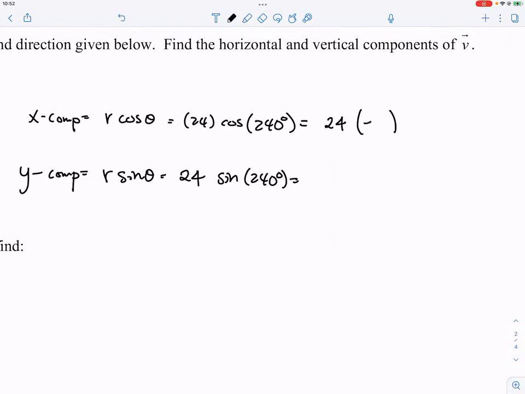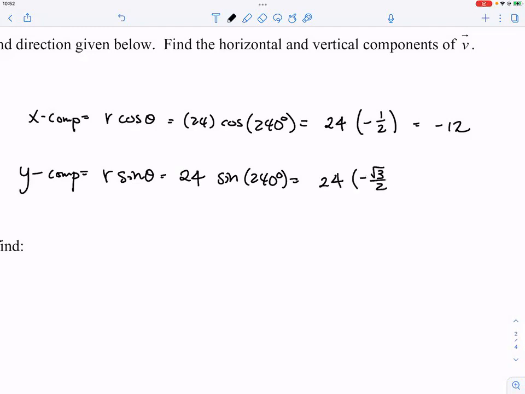What's cosine of 240 degrees? Negative 1/2, which gives you negative 12. And then what is sine of 240?